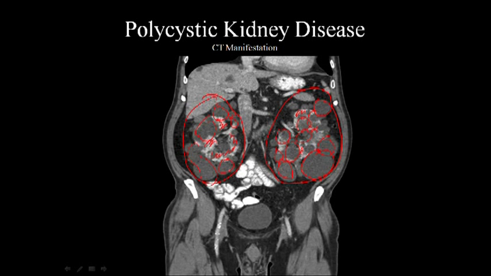It almost looks like, this being the left and this being the right, that the left kidney looks much worse than the right kidney. Another thing to keep in mind is you see the liver here, and you actually see cysts in the liver as well.